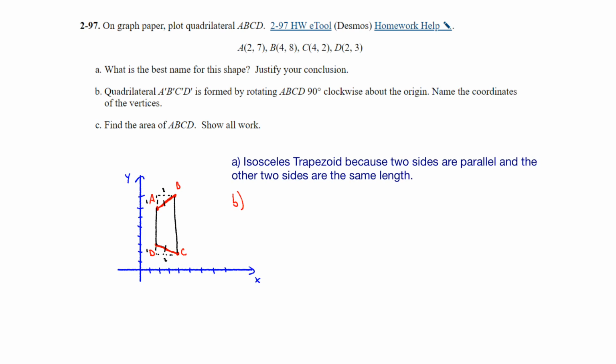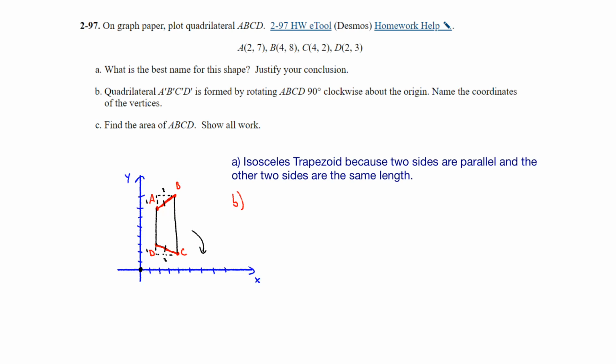Alright, on part B, quadrilateral A', B', C', and D' is formed by rotating the original quadrilateral 90 degrees clockwise about the origin. Name the coordinates of the vertices. So you can use your tracing paper to take that trapezoid and rotate it 90 degrees clockwise. So make sure we are going in this direction.